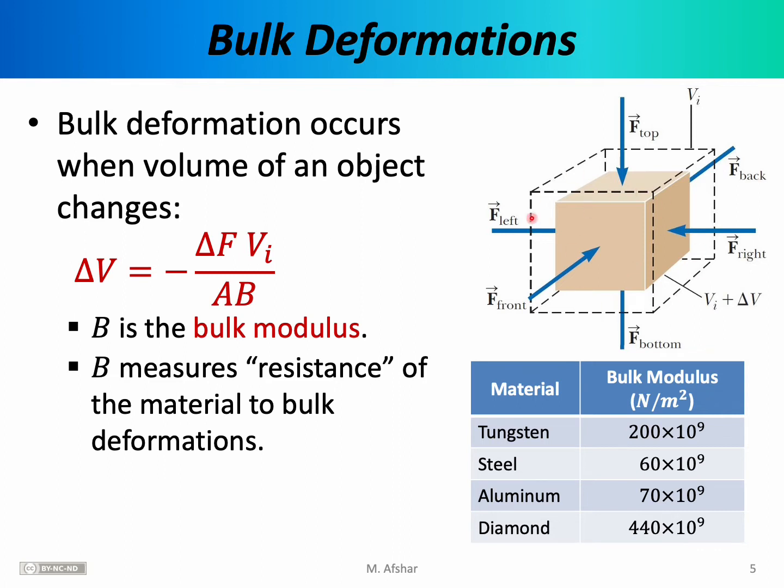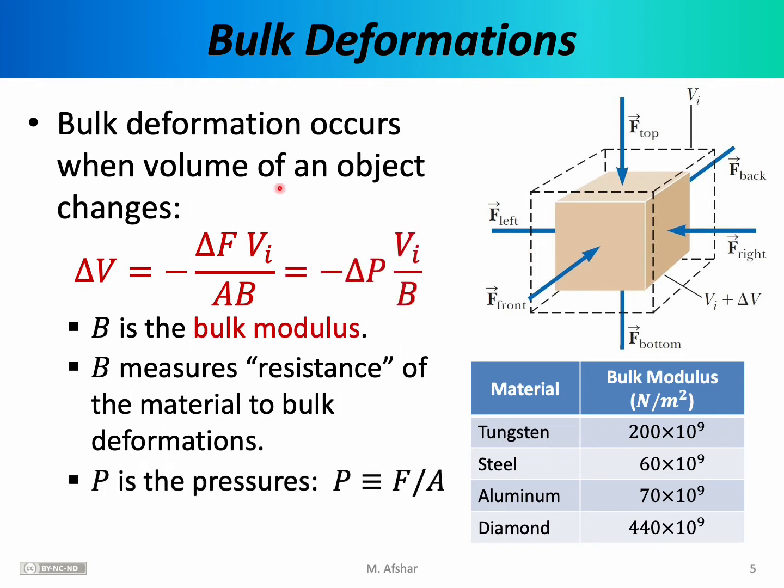What we're interested in here is the additional deformation, the additional change in volume due to the additional applied force. So this delta F is the force that you or some machine would apply to the cube, and it does not include the natural, normal atmospheric forces that are always present.